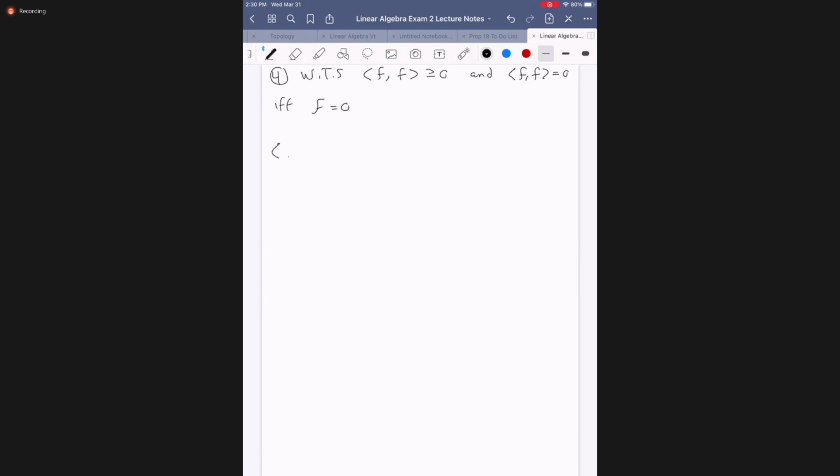Okay, so the inner product of f with itself. What is this going to give me? Well, it's going to be the integral from a to b of f of x squared dx, right? All right, so from here, is this integral always going to be positive?